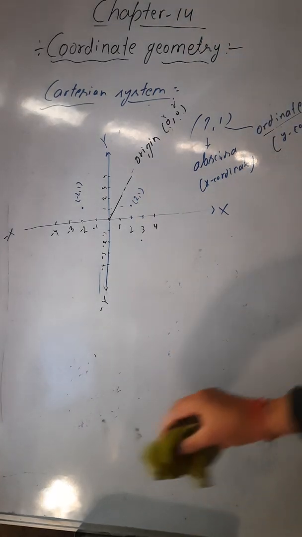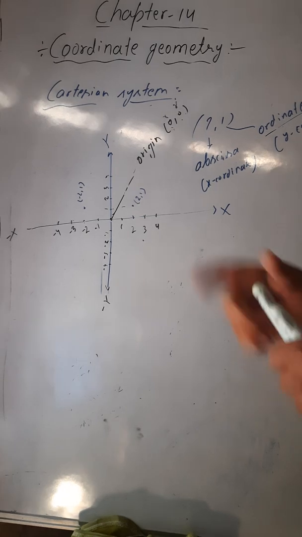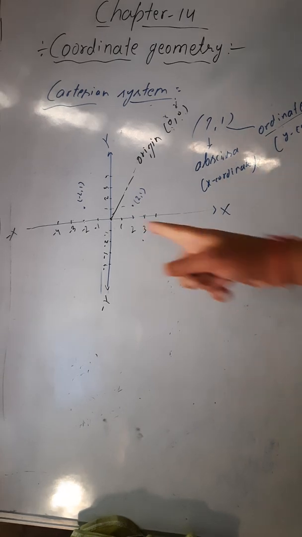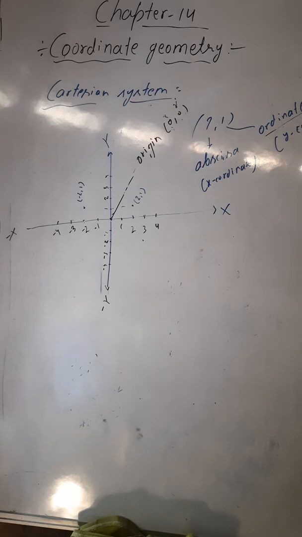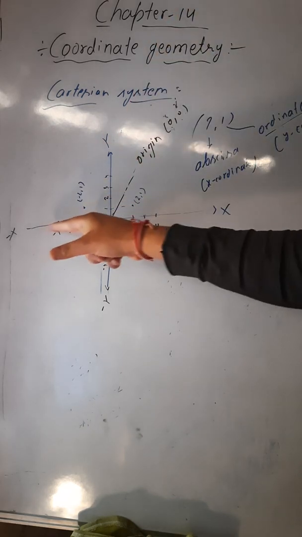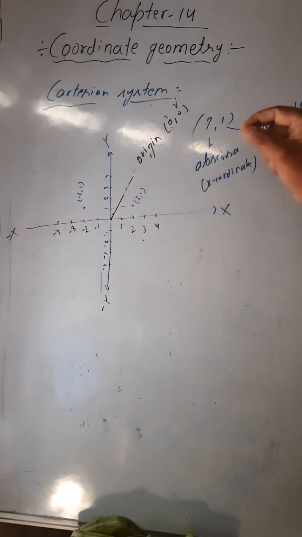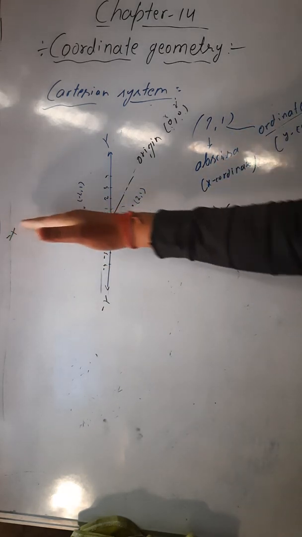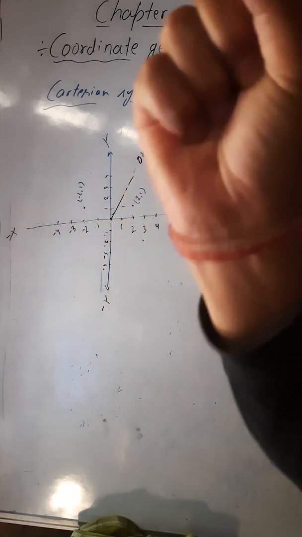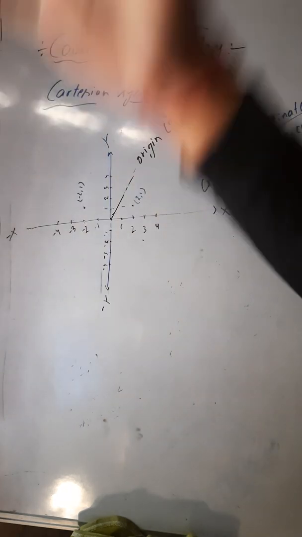Okay, now listen. Suppose along the x-axis, you have to just remember this. In the x-axis, the y coordinate is 0, and similarly in the y-axis the x coordinate is 0.